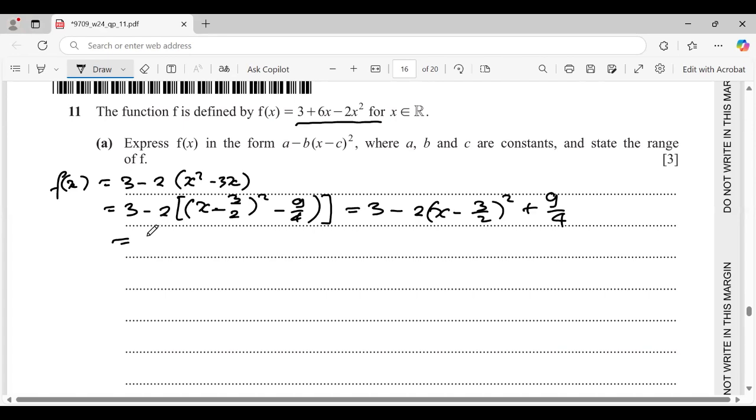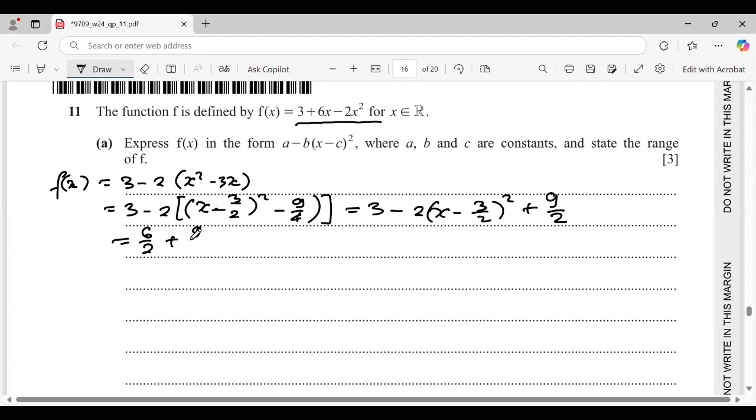Wait, I would like to write it properly: times 2, 2 times 9 quarter becomes 9 half.